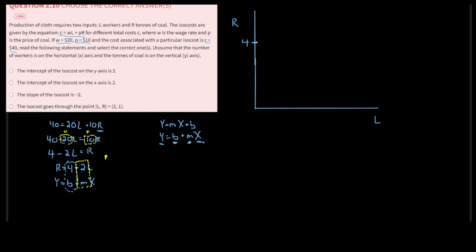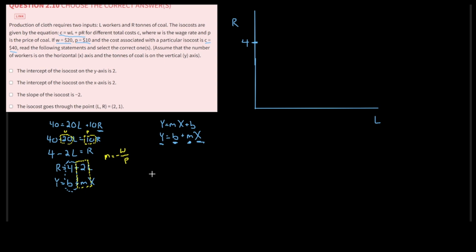So really our slope in this case is just negative wage over price of coal. That ratio between the wages and the price of our resource, that is what gives us this slope of -2. -2 means that our isocost is downward sloping.